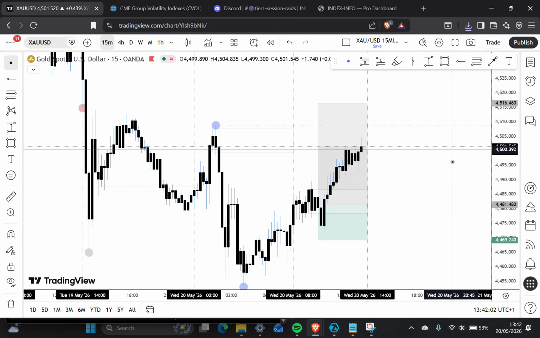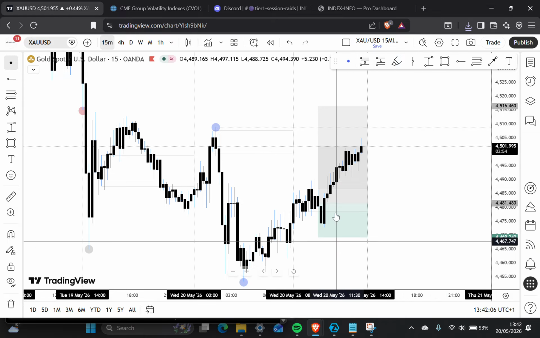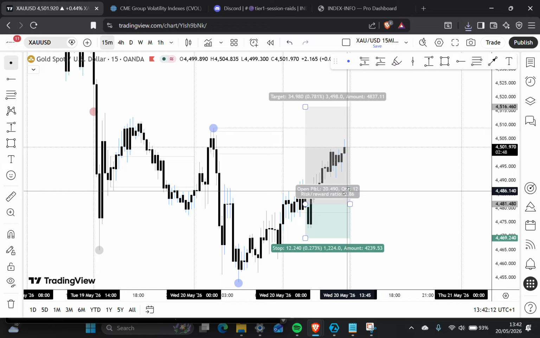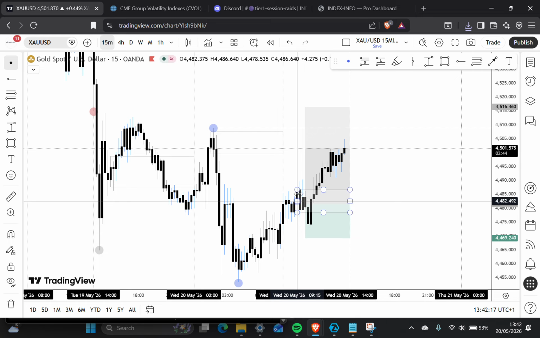We don't need to rely on any sort of patterns. All we need to keep an eye on is the moment price returns to the Delta candle: allocate your risk, take your exposure. That's it.